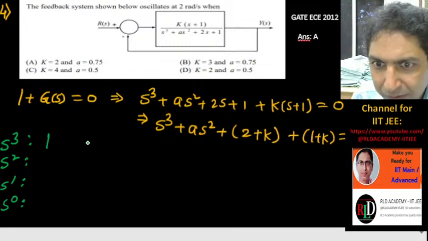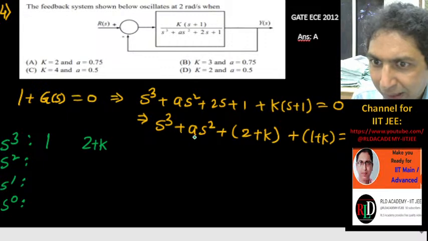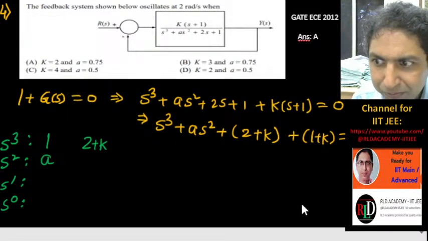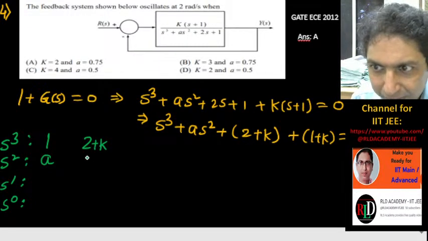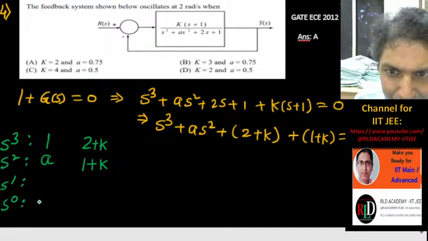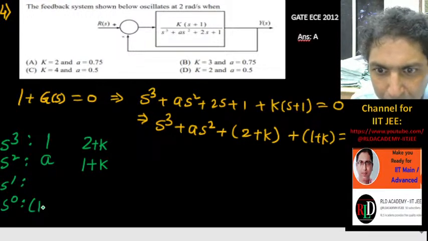The next coefficient is 2 plus K. Then the s square coefficient is a, and this one is 1 plus K. In that way we can do it, right? And the last term will be 1 plus K.